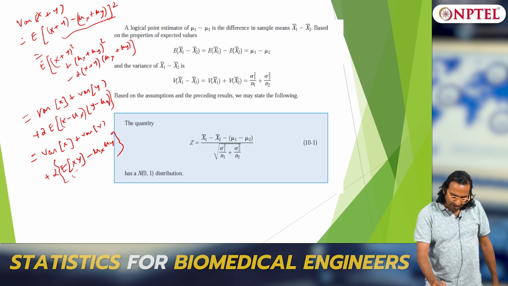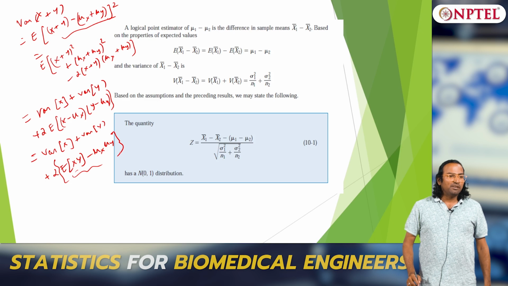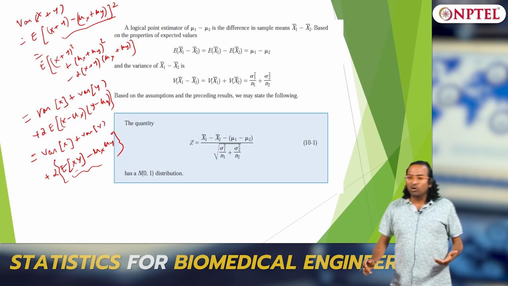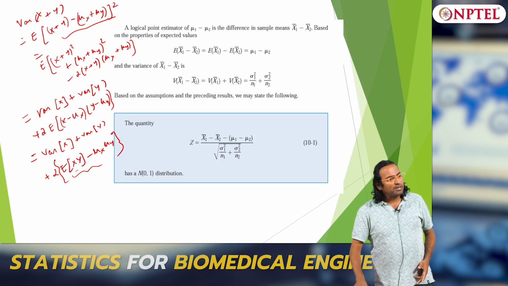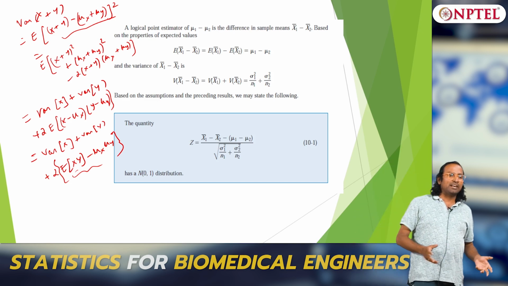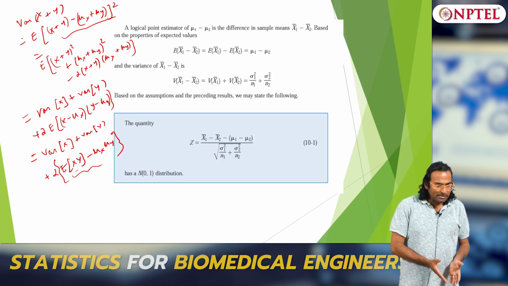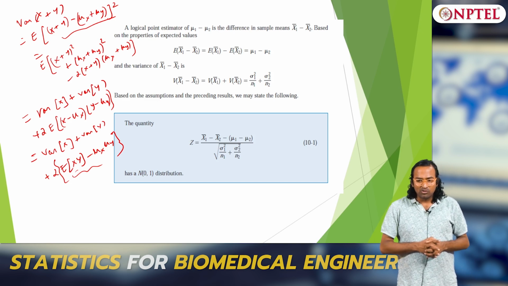Okay, this term will go to 0 because when they are independent, the expectation of xy equals the expectation of x into the expectation of y, because the probability of A intersection B when they are independent is the probability of A into the probability of B. That is the same idea, this will go to 0.